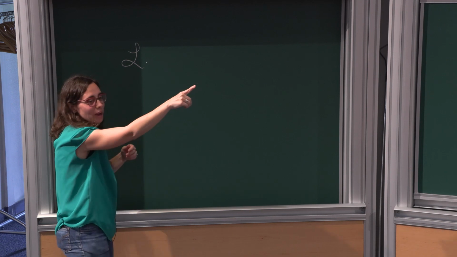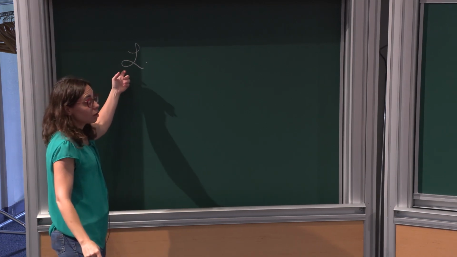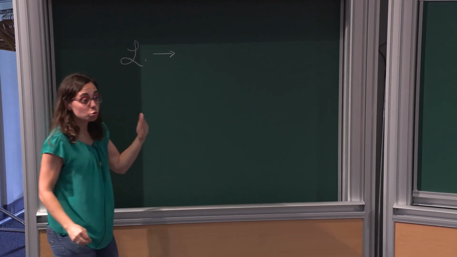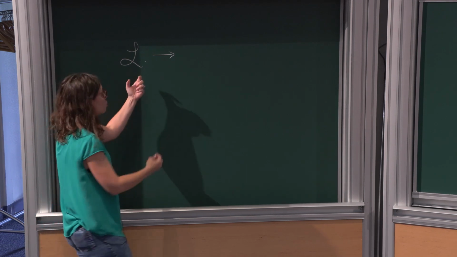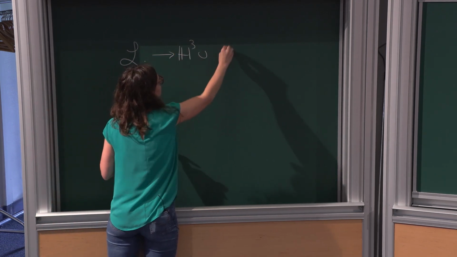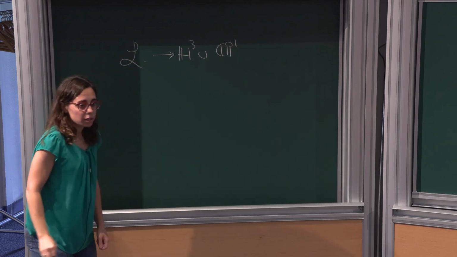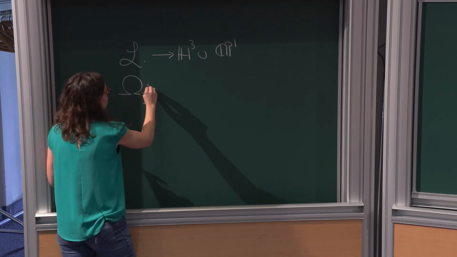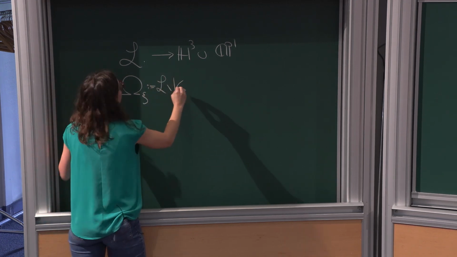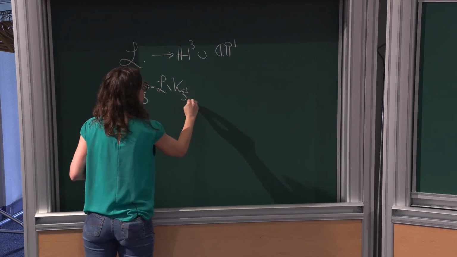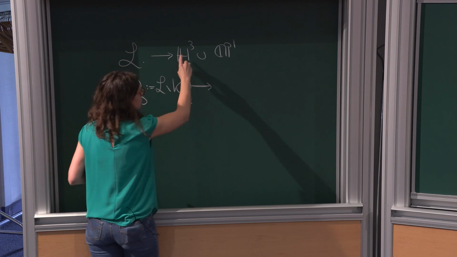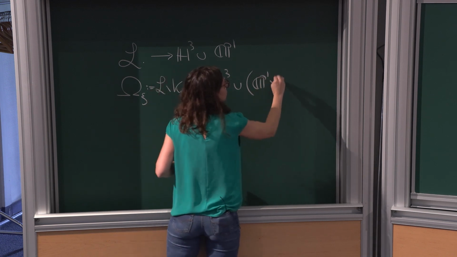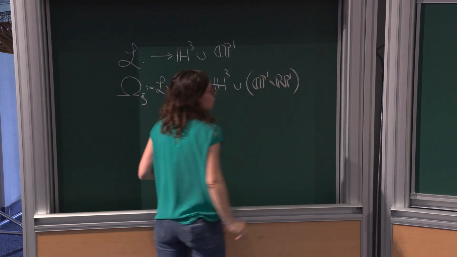So from our theorem, for tetrahedra or degenerate tetrahedra, you have this map into the barycenter or the degenerate barycenter. So you have a map into H3 union CP1, and the fact is that the domain of discontinuity, which is exactly the complement of this set here, then maps into H3 union CP1 minus RP1.